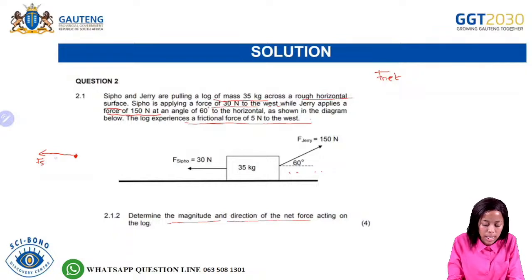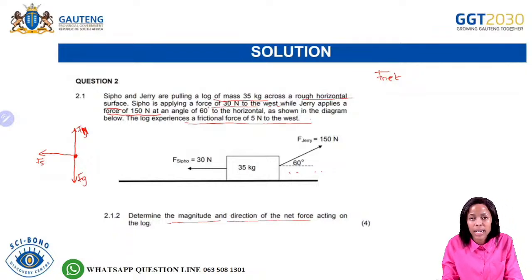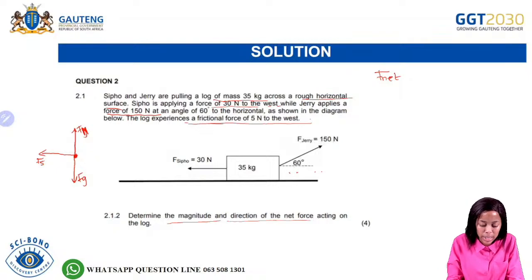And then we also have our normal force going up, and then going down we have our gravitational force. Then which forces do we have on the right hand side? We have the force of Jerry.